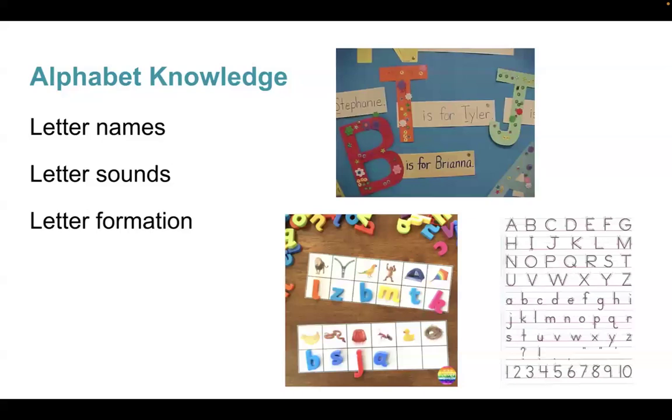Again, here are the three things we want students to know about letters: their names, their sounds, and to have the ability to form those letters. And you'll see some different strategies or techniques that you could engage your students in to develop their alphabet knowledge.